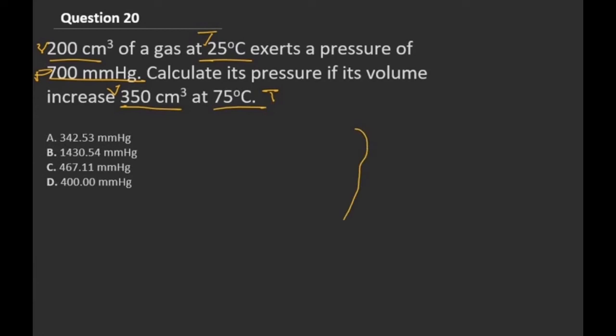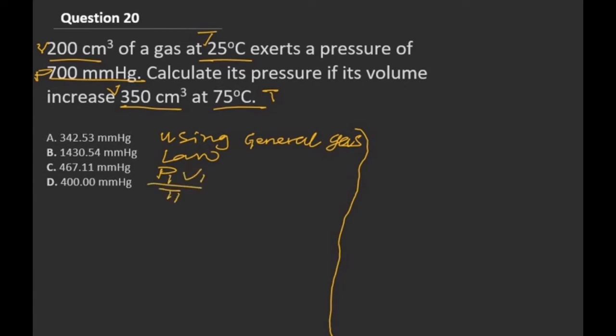The formula for the general gas law is P1 V1 over T1 equals P2 V2 over T2.